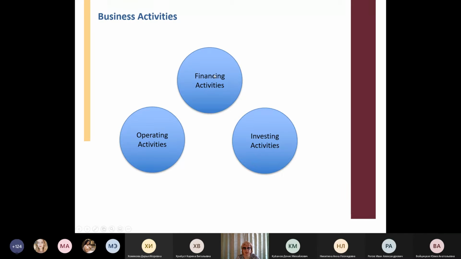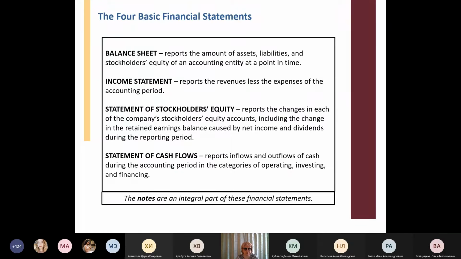In every subject you can find different classifications based on different criteria. As for accounting, this is a classification based on the nature of business activities. Normally we divide business activities into 3 main streams: operating activities, financing activities, and investing activities.